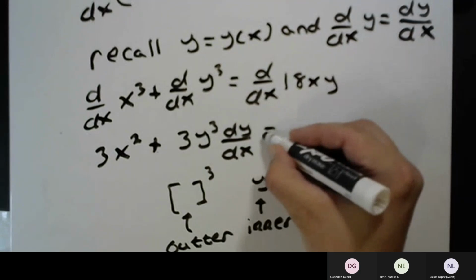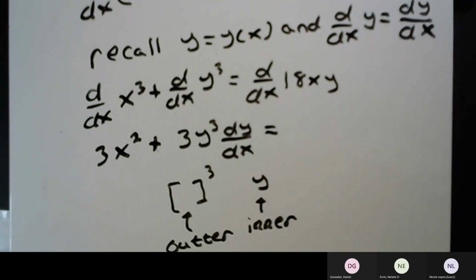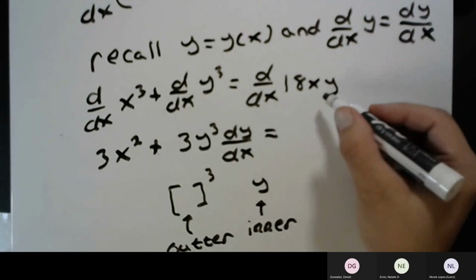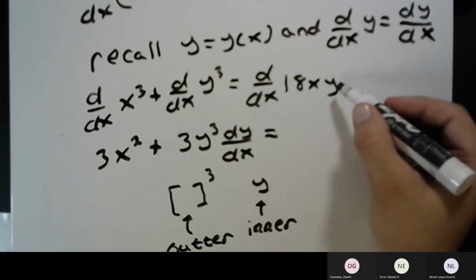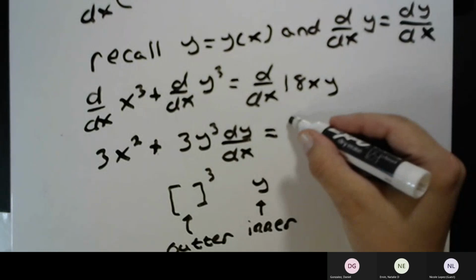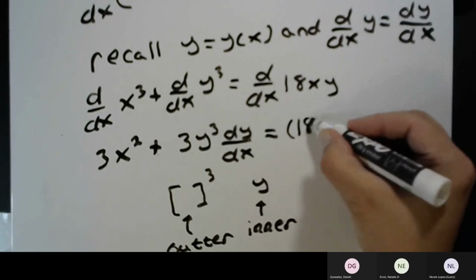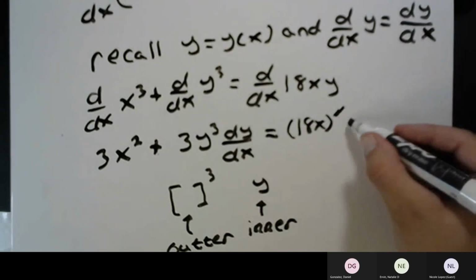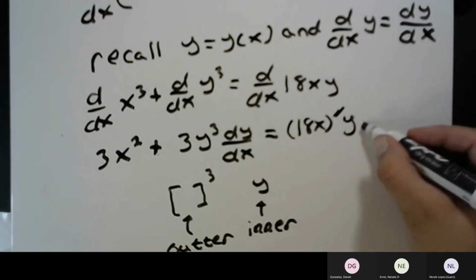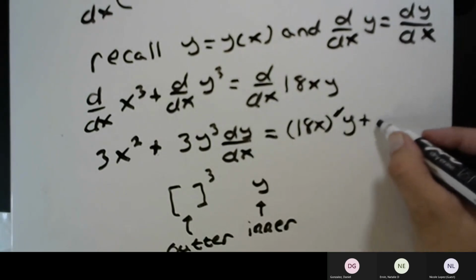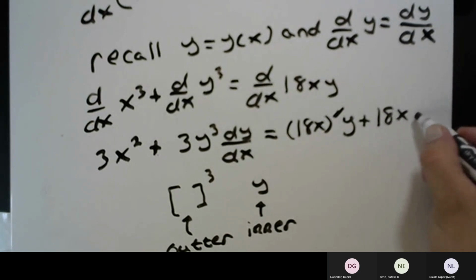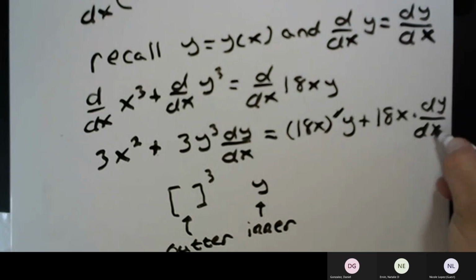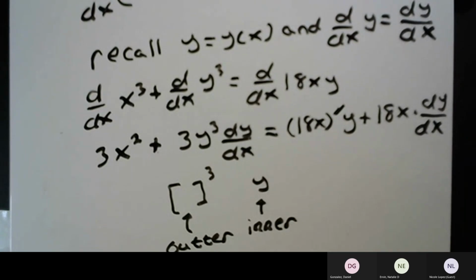So what's going on over here? Well, over here, we're going to have a product rule, and the reason is y is a function of x. So we're going to have 18x prime times, and you could think of it as y of x or just y, plus 18x times the derivative of y. And again, y is some function of x, so the most we can say about this is dy/dx.